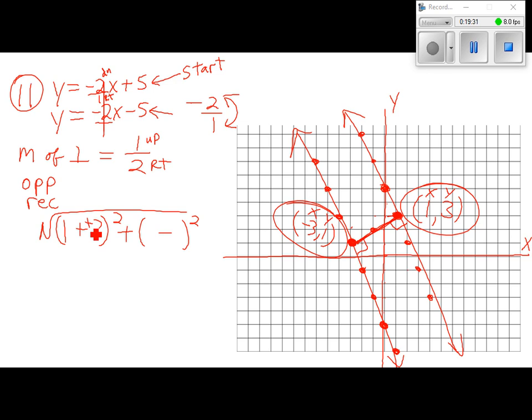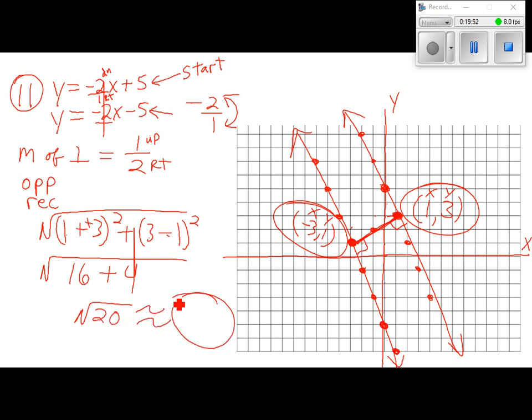And then 3 and 1 for the y's. Do a little bit of math. 1 plus 3 is 4. 4 squared is 16. 3 minus 1 is 2. 2 squared is 4. Add those together, you get 20. Find the square root of 20, and that will be your answer. You can do that part on your own.